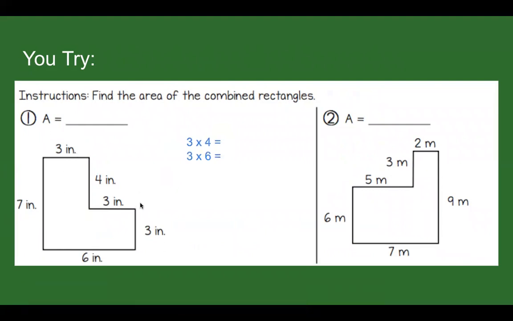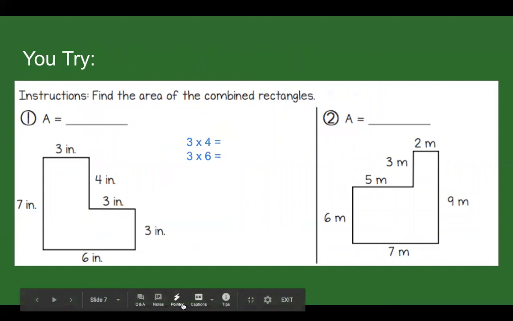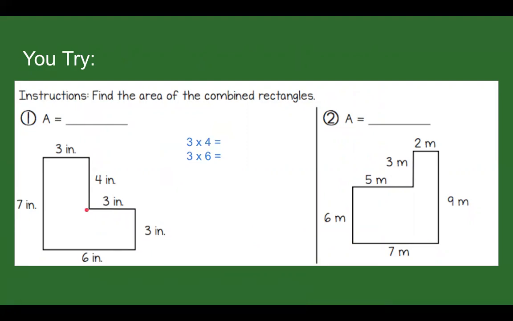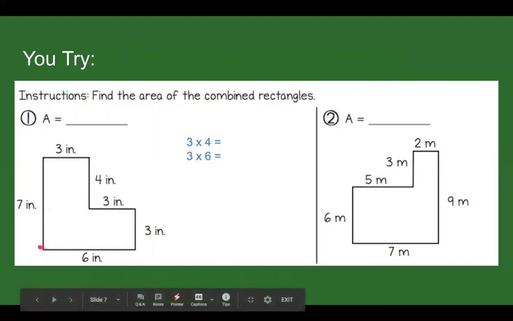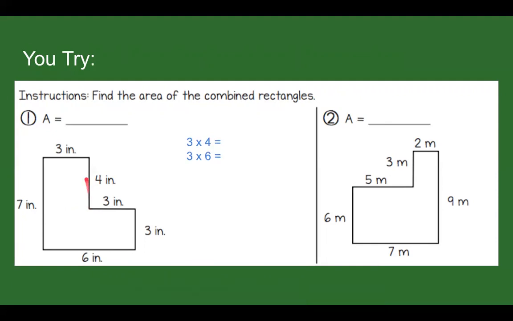But my suggestion would be to draw a line right here, a dotted line, just like in the other figure, how I had that dotted line to separate them. If you draw a dotted line here, you can easily see this being one big rectangle right here, right? And then the other rectangle is right here, okay?